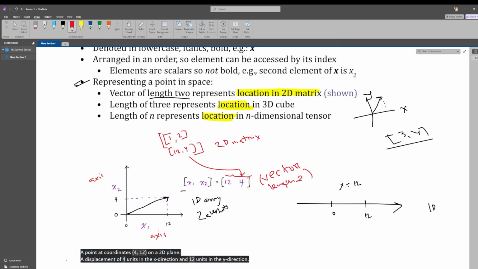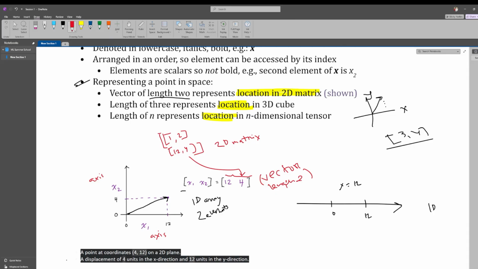As I mentioned earlier, matrices are much bigger than vectors. So in a 2D matrix we can have vectors like 12 4. This 12 4 is a part of the 2D matrix, showing some sort of location or value here. That is it.